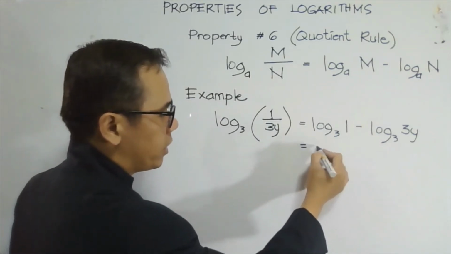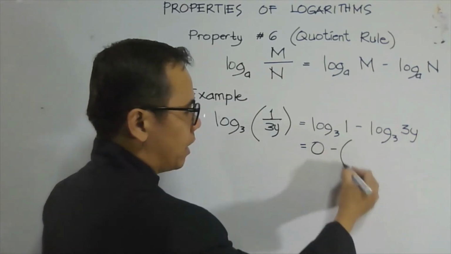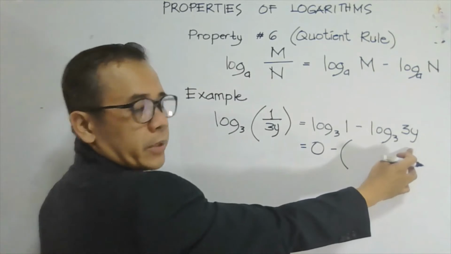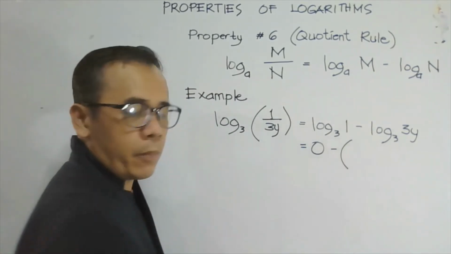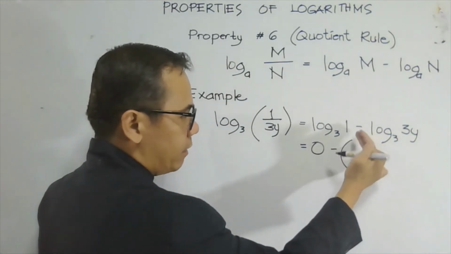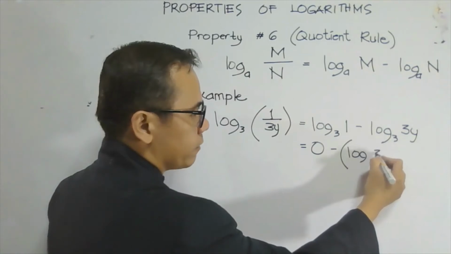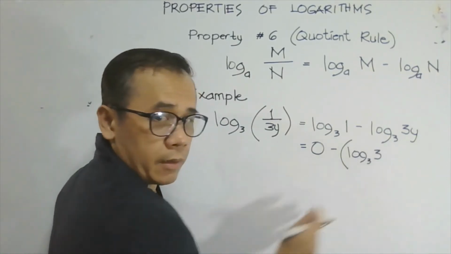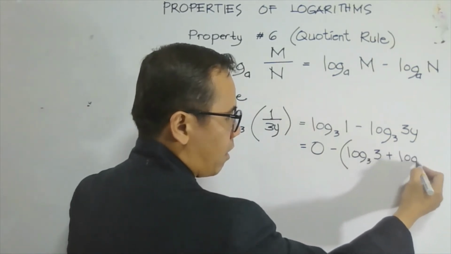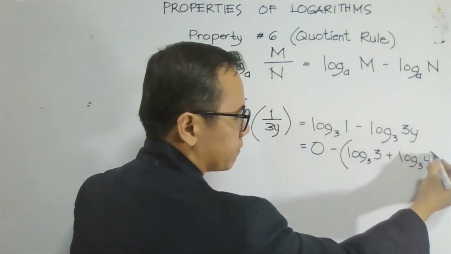So this is now equal to 0 minus, since this is a product rule, property number 5, let's apply it: minus the log of 3 base 3 plus the log of y base 3.